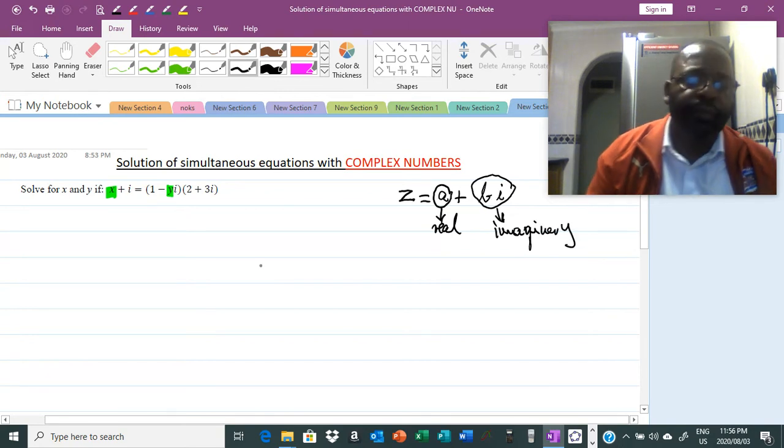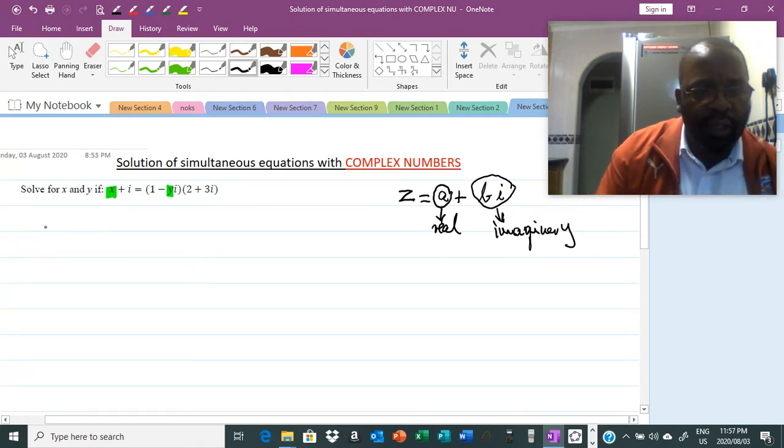Okay, now before we can identify the real and imaginary parts, the equation needs to be simplified. So let's start there. We will start by writing x plus i because it's simplified. Then we simplify this side, which is 1 multiplied by 2 gives us 2. 1 multiplied by 3i gives us 3i.